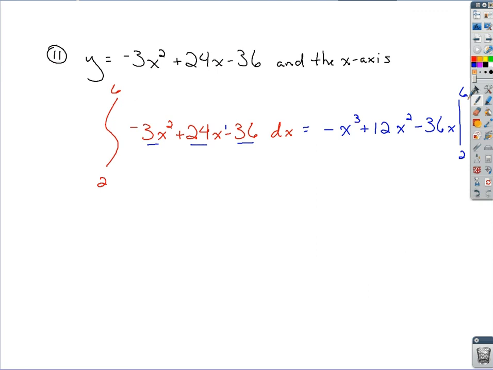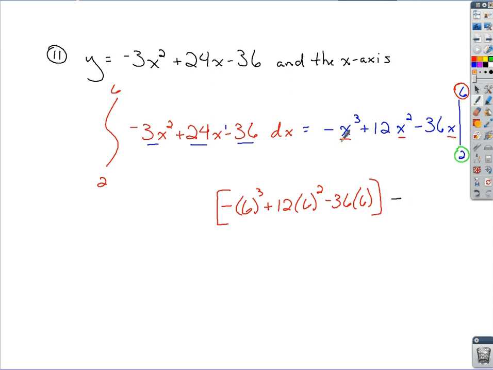At this point, we take our 6 and plug it in for each x. So we would have -6 cubed plus 12 times 6 squared, minus 36 times 6. We'd evaluate that when 6 goes in, and we would subtract.